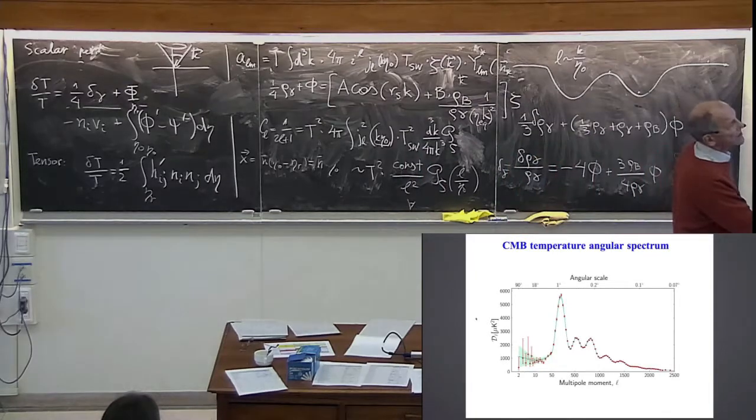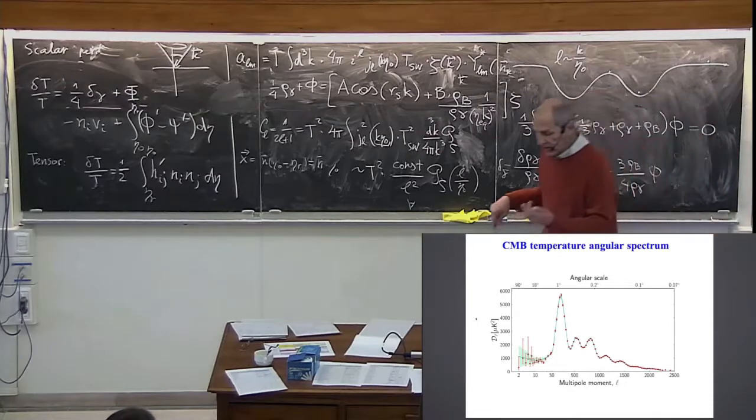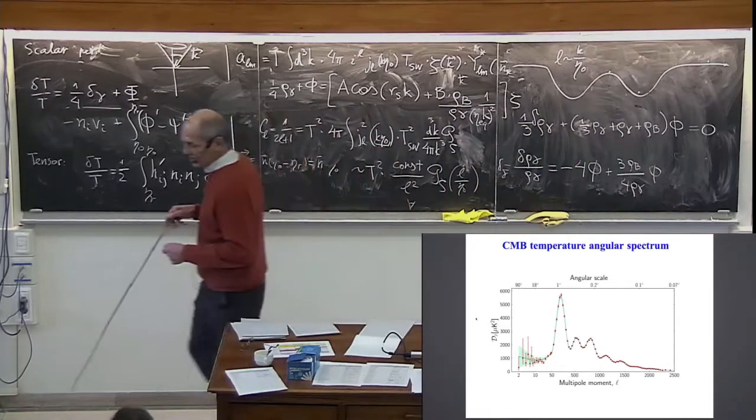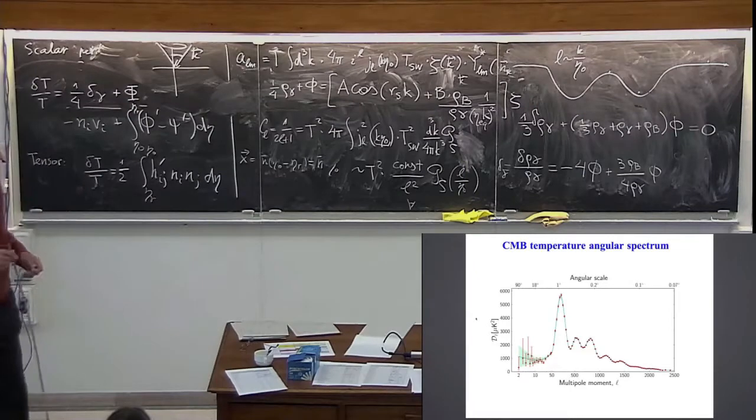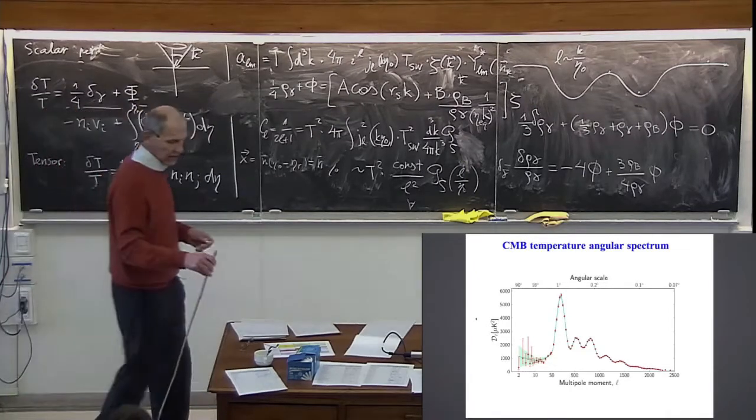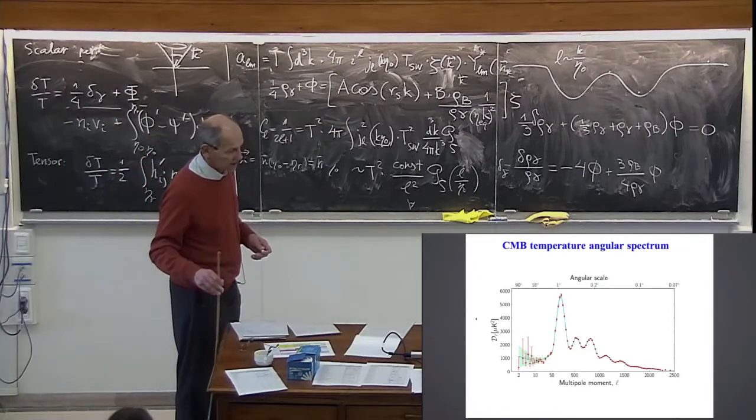But you see, there is kind of constructive interference here, and destructive interference there, right? So if you consider these peaks as peaks over the decreasing function, then obviously this one is lower than that one, right? So we see by naked eye this destructive interference and constructive interference for the odd peaks. Okay?